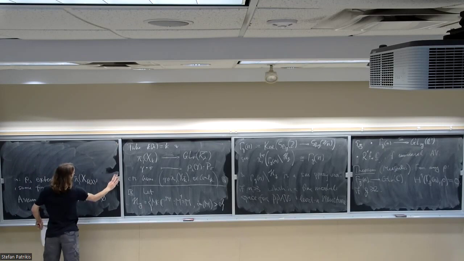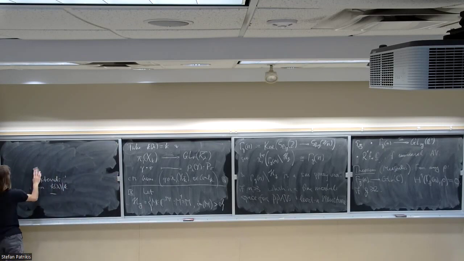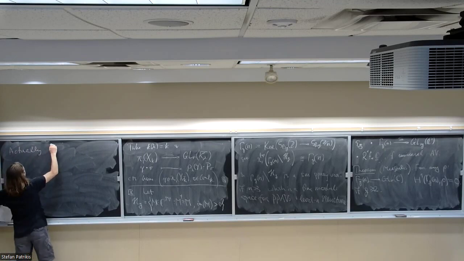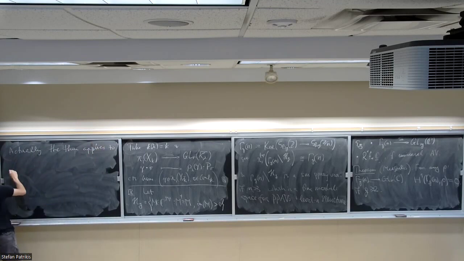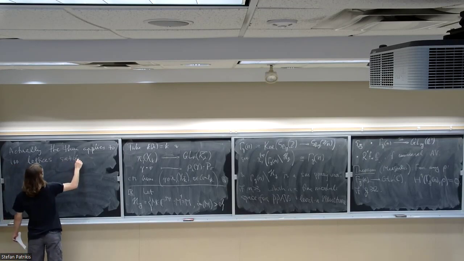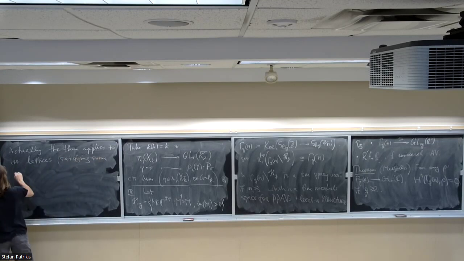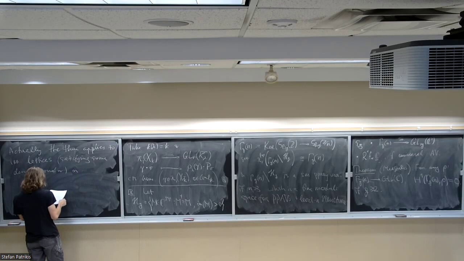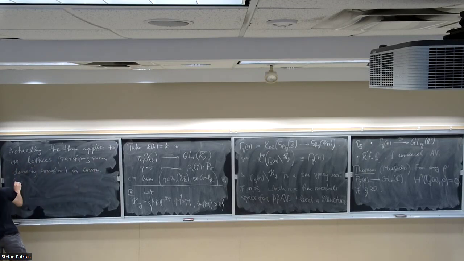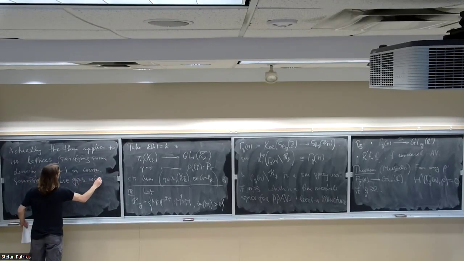What Margulis actually proves is a far more general theorem that applies to irreducible lattices in connected semisimple Lie groups, satisfying some density condition, with rank at least 2.